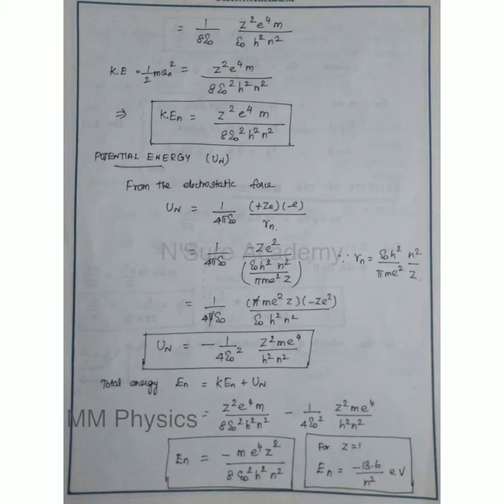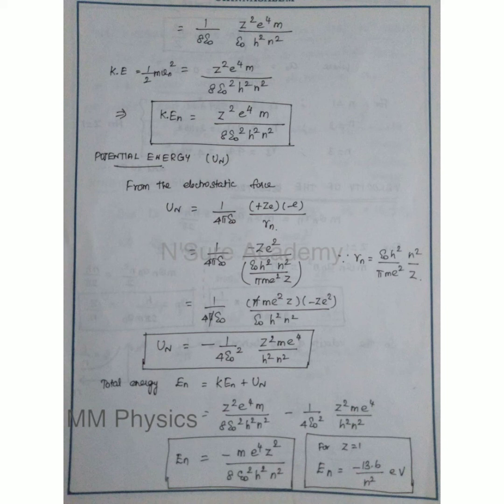The potential energy from the electrostatic force, we know Un is equivalent to 1 by 4 pi epsilon naught Ze into minus e divided by rn. Then substitute the value of rn, you will get 1 by 4 pi epsilon naught minus Z e square divided by epsilon naught h square n square divided by pi m e square Z. Take pi m e square Z to the numerator, cancel the pi, you will get minus 1 by 4 epsilon naught square, pi will get cancelled.